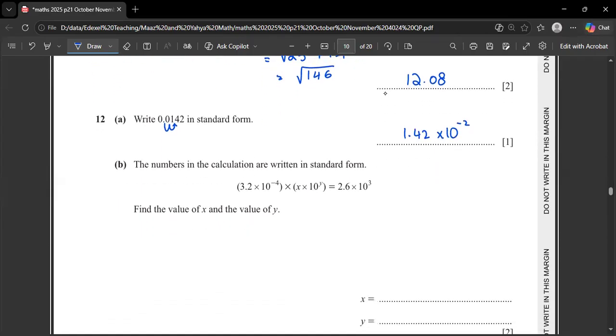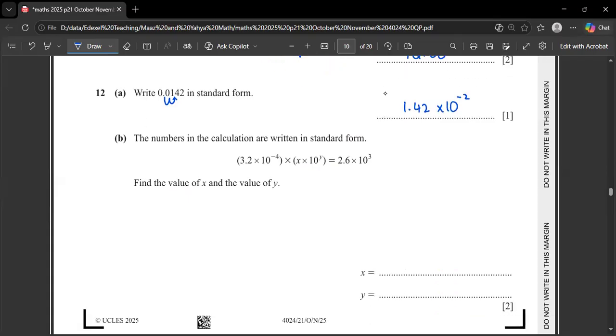The numbers in the calculation are written in the standard form. Find the value of x and the value of y.